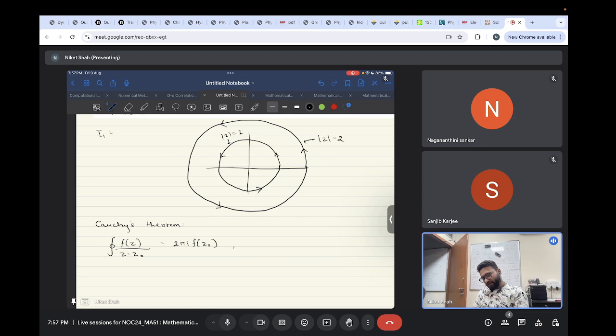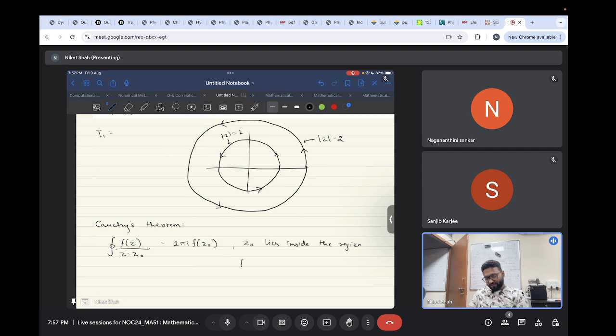We are assuming here that z0 lies inside this region, inside this contour region along which we are integrating. So when z0 lies inside the region, the integral of f of z upon z minus z0 is 2 pi i into f of z0.